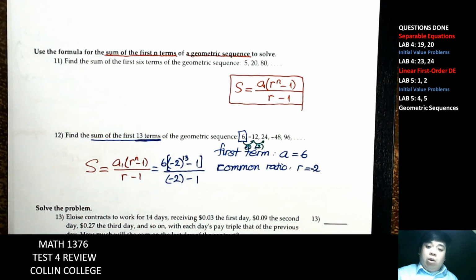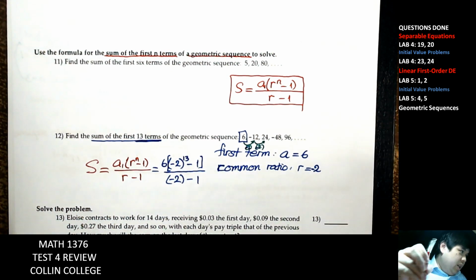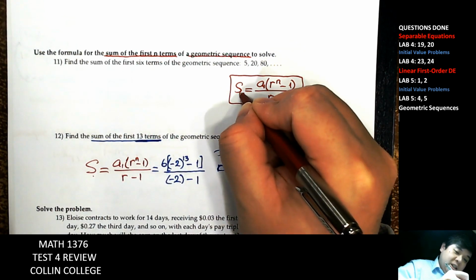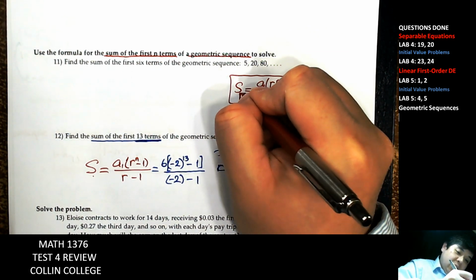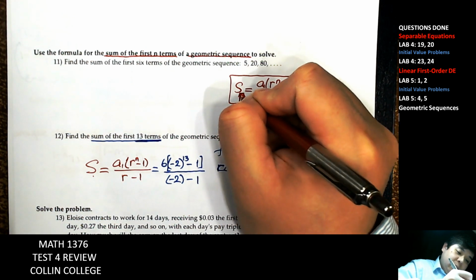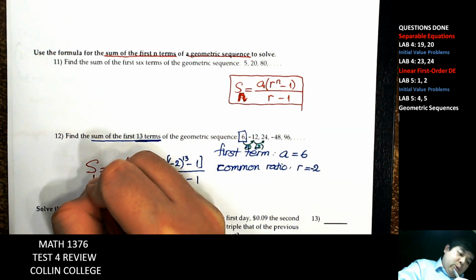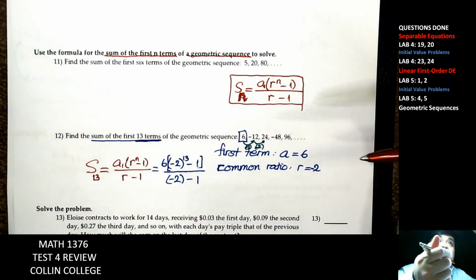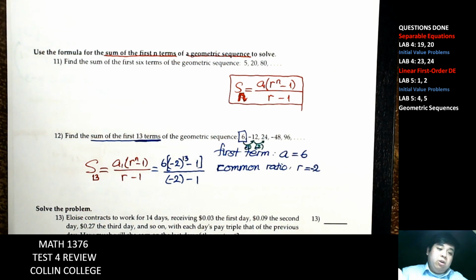I'll let you simplify the problem. By the way, there's a little note here. We usually write the n term here to indicate that it is the sum of the first n terms. Here we know there are 13 of them, so we just go ahead and put 13 there. So that is the formula for the sum of the first n terms.